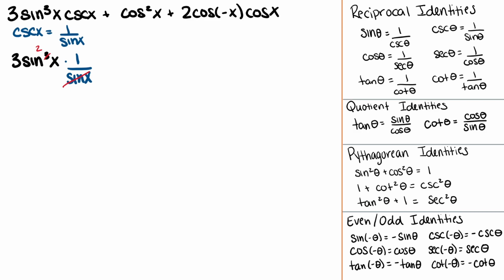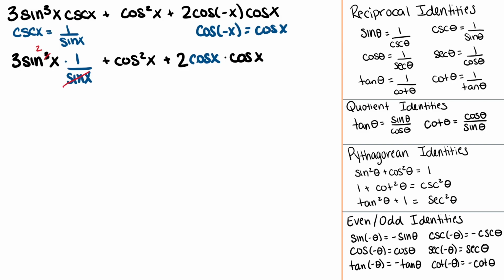Our cosine squared x we can't do anything with right now. For our cosine negative x, we know that cosine negative x is equal to cosine x. So this becomes 2 times cosine x times cosine x, which can then be simplified to 2 cosine squared x. So when we rewrite this now, we'll have 3 sine squared x plus cosine squared x plus 2 cosine squared x.